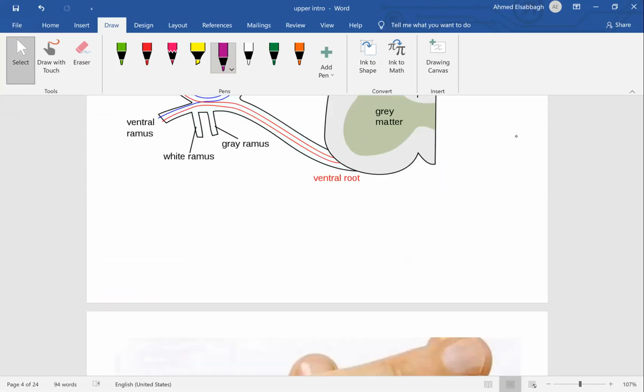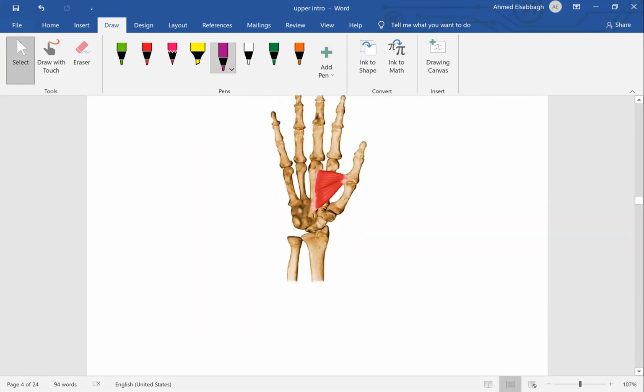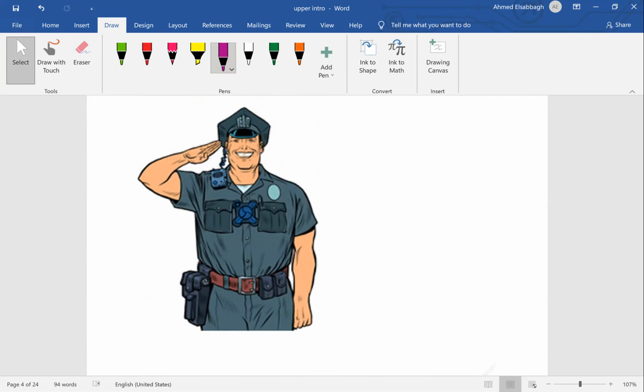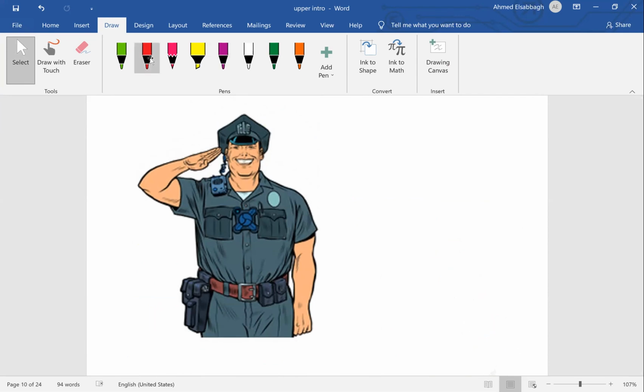Just look with me at this picture. Describe the shoulder and describe the elbow. The shoulder is adducted or abducted? It's of course adducted. Okay.